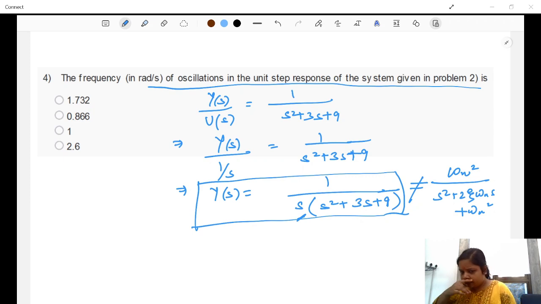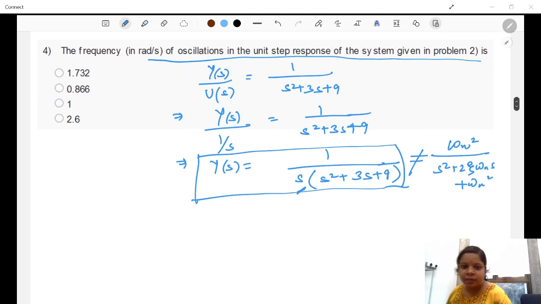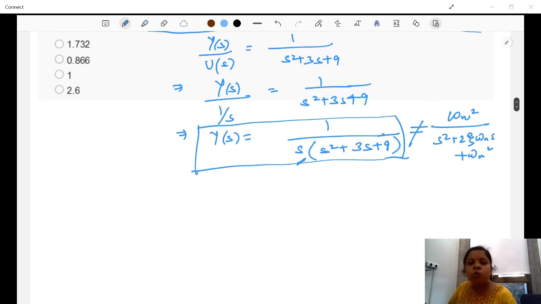So these both cannot be compared. When they cannot be compared, we need to find some frequency of the system, and it would definitely not be the natural frequency of the system. So how are we going to find it? We are going to use the ways that we have used already.